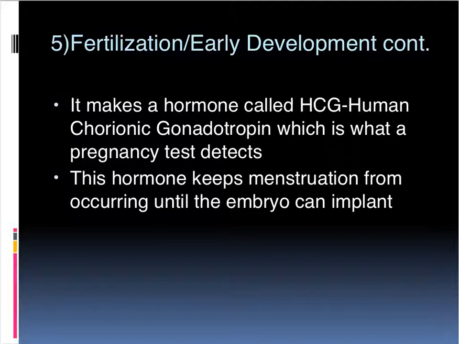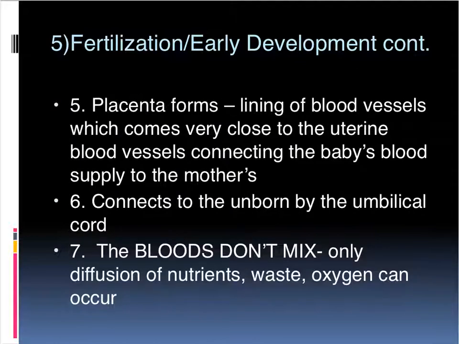This is what is detected in pregnancy tests. This hormone keeps menstruation from occurring until the embryo can implant. The placenta forms, and the lining of the blood vessels, which comes very close to the uterine blood supply, connecting the baby's blood supply to the mother's.